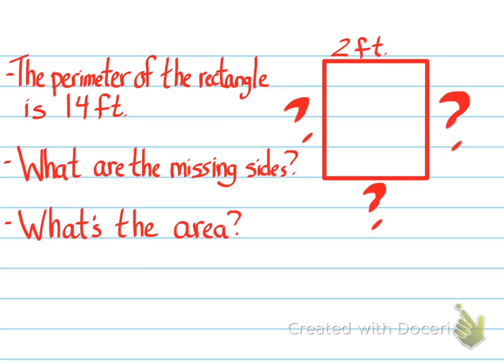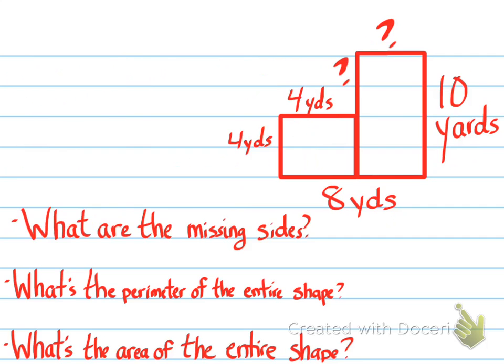Now you need to find what the missing sides are of this rectangle and record that. And then you need to use that information to find out what the area of this rectangle is.